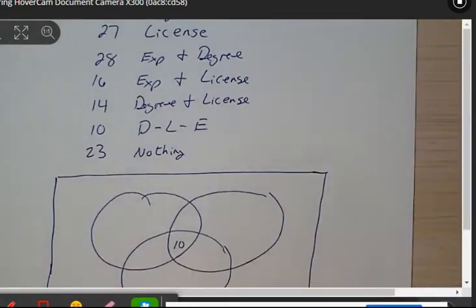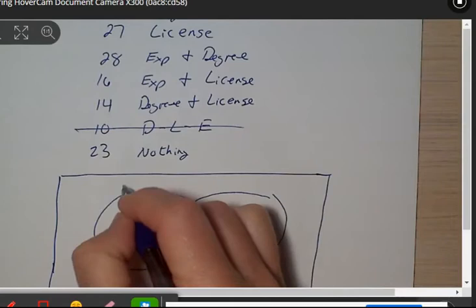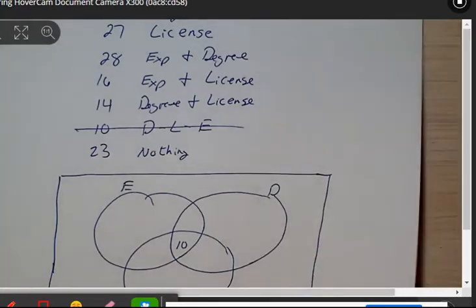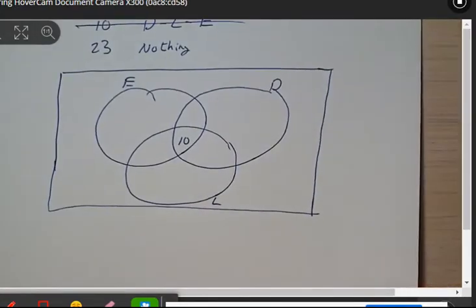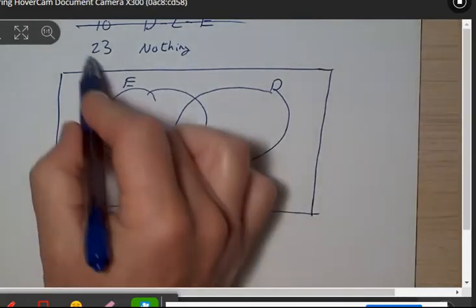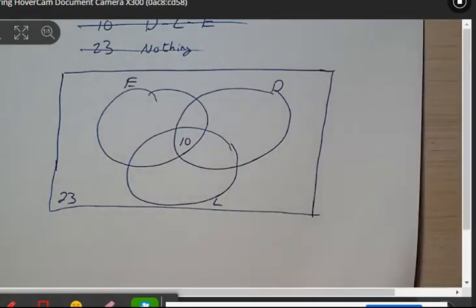So that would go right in the middle here. Okay, got to mark where we're putting everything, right? So let's put experience first, so that will go here. Degree was second, that will go there. And then the license was third, so that'll go there. All right, and the 23 people didn't have anything. That goes in the corner, just somewhere, just outside the circles. You can put that one anywhere. It doesn't really matter where you put it.